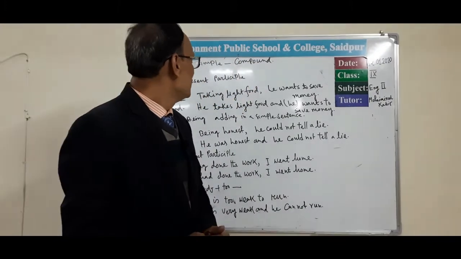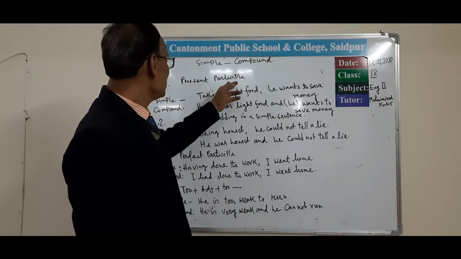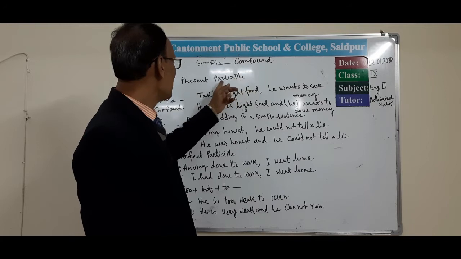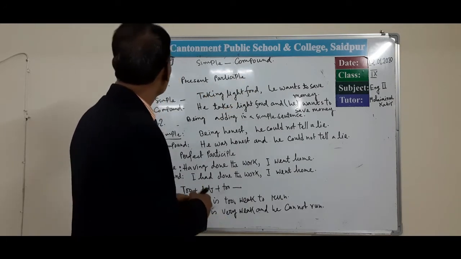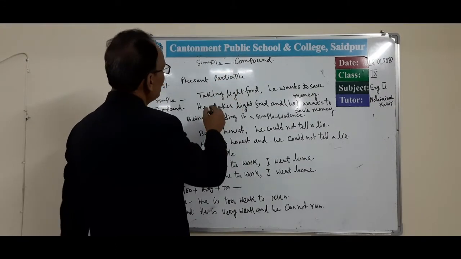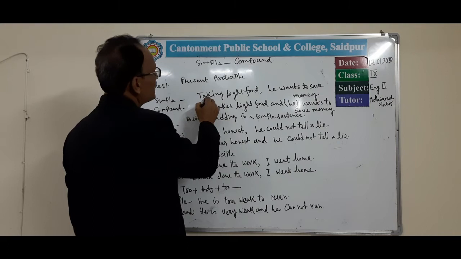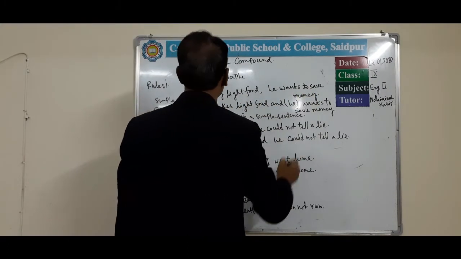Now look at the board. If you get a present participle in a simple sentence, how can we transform it into compound form? In the first sentence, taking light food, he wants to save money.